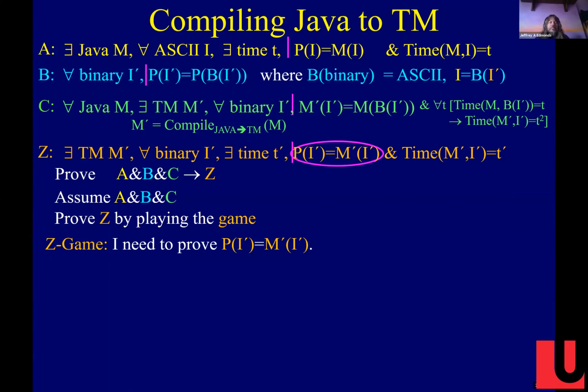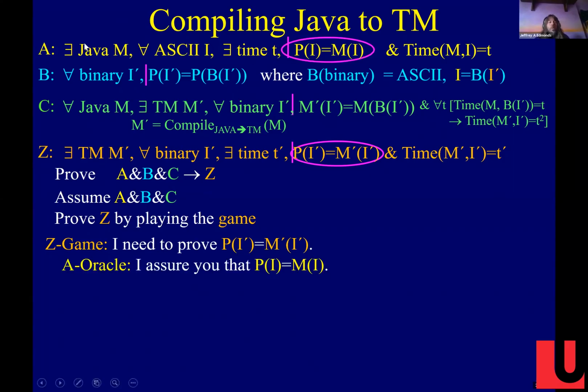Remember, I came up with the Turing machine, and the adversary gave me an input. How do I do that? Well, Oracle A came up with the Java program, and we gave her an input, and she's assuring us that the Java program on the input solves the required problem, right?